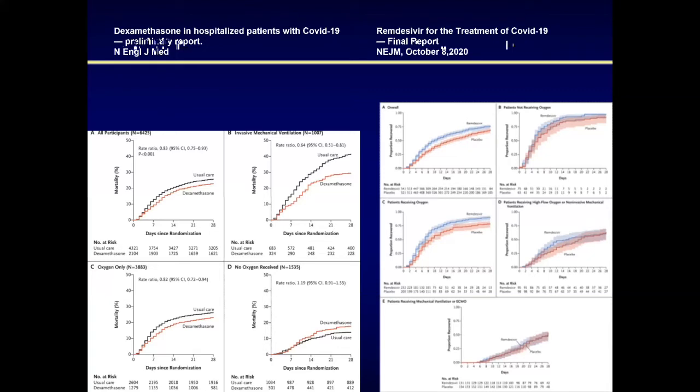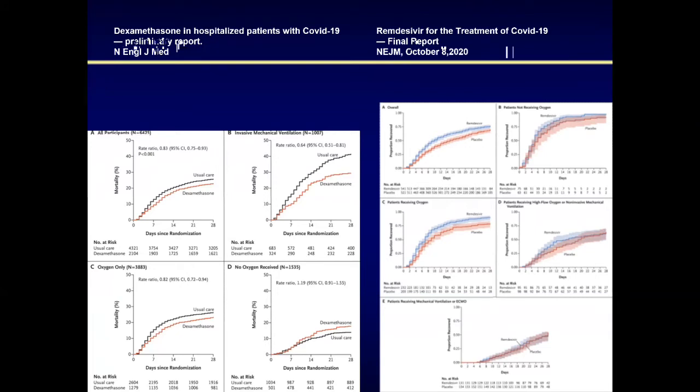These are some data on use of dexamethasone and remdesivir that were reported in the New England Journal recently. The improvements are not robust, but there is some rationale for using dexamethasone, particularly in patients who are on mechanical ventilation.